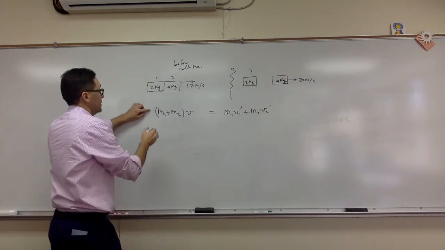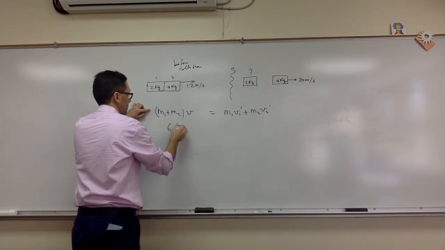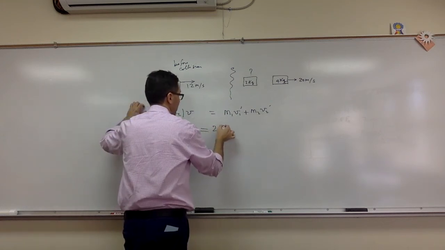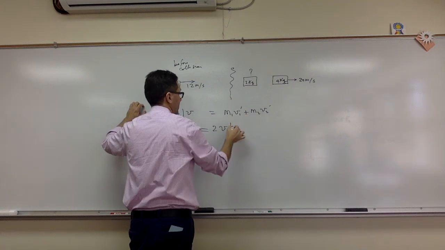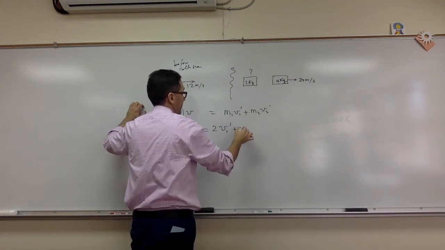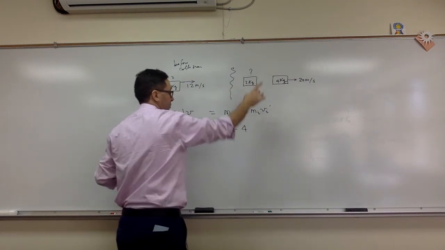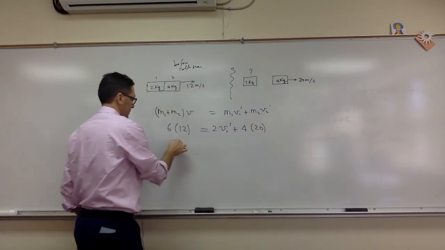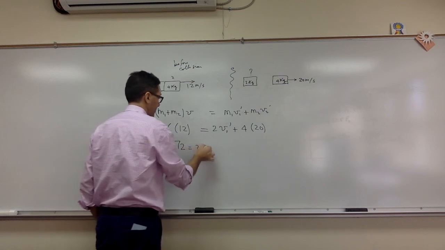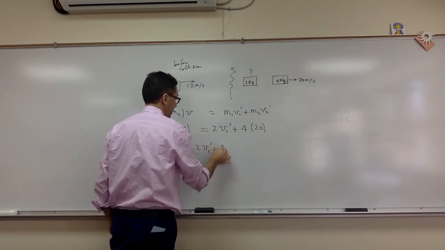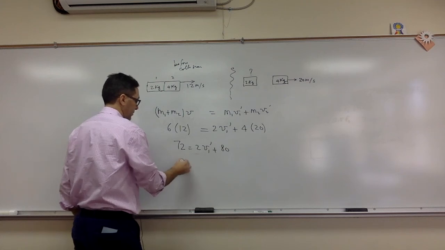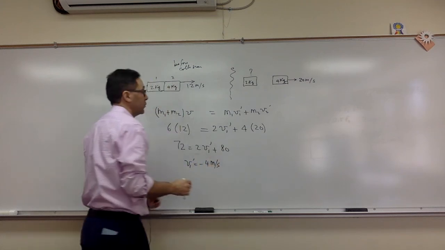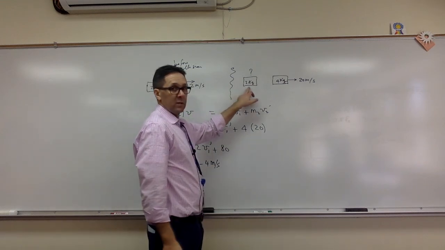Well, here it looks like this is 6 times 12 equals, this is 2, well, I don't know the speed of this guy, plus then I have 4, 20 to the right, which means it's a positive 20. So this is 72 equals 2 V1 prime plus 80. So V1 prime looks like it's negative 4 meters per second, which means this 2 kilogram bounces.